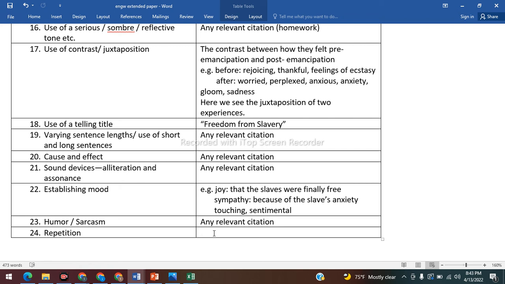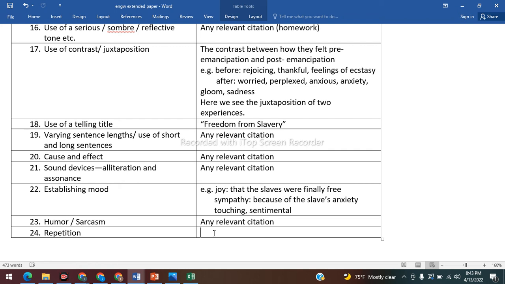I just thought it was an easy one to go to. So always look for repetition. If you could find it, it's a good one. Repetition is basically a repeating of ideas. It could be a repeating of an exact word, or a repeating of an idea.